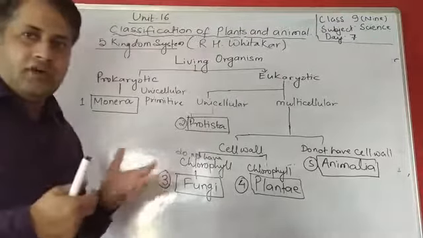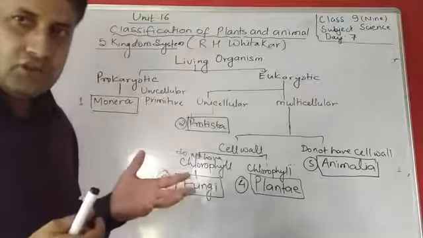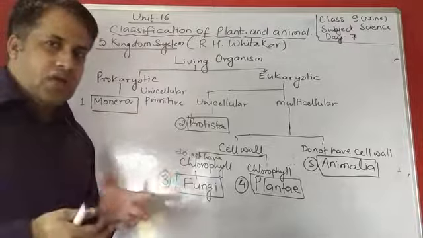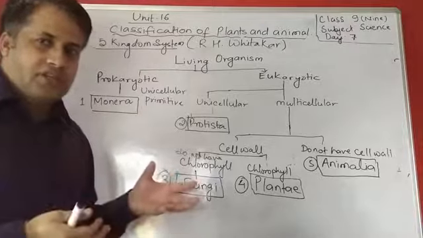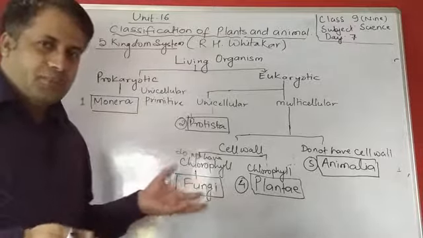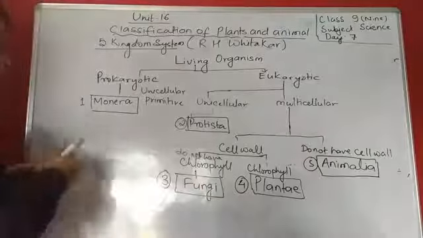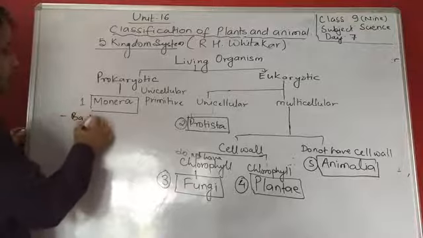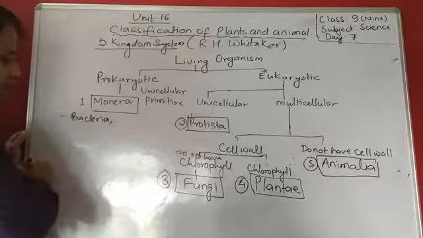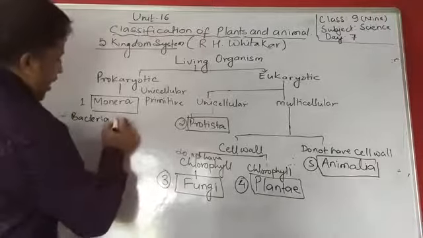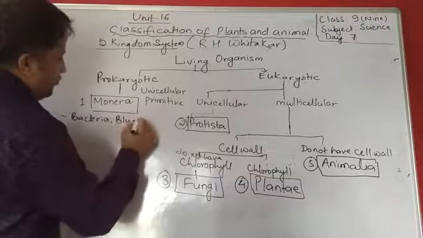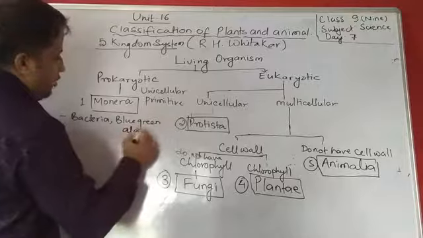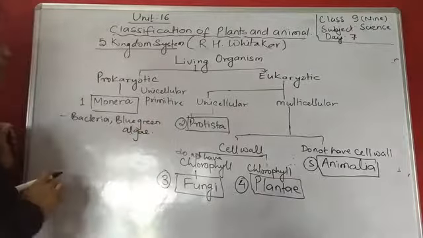We hear about the cholera disease, which is caused by Vibrio cholera. All these are unicellular and have a primitive type of cell, prokaryotic cells, and belong to Monera. Examples are bacteria and blue-green algae. All of them are from this kingdom.